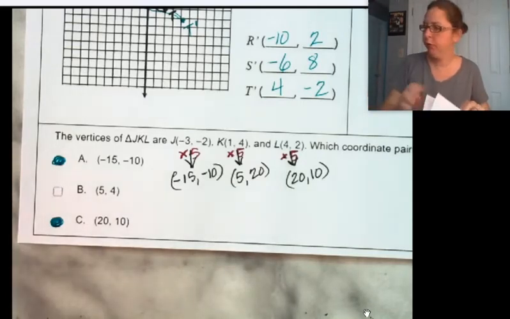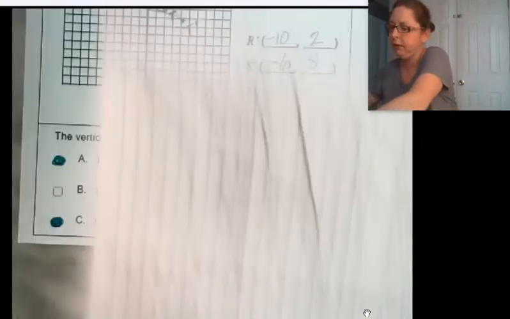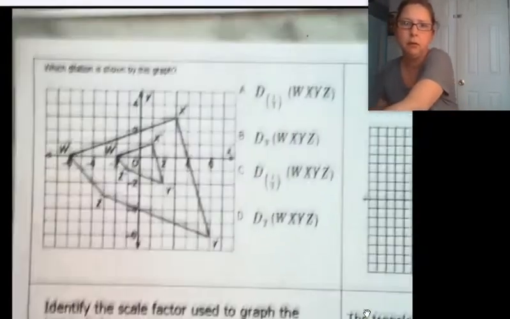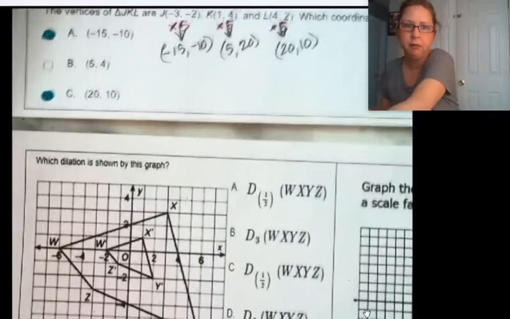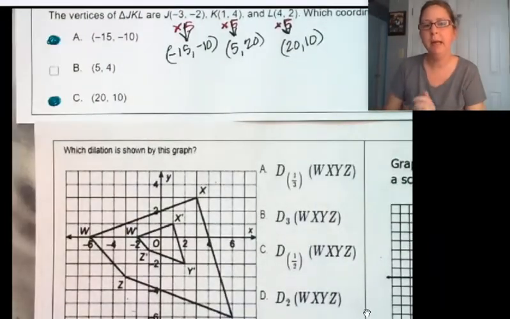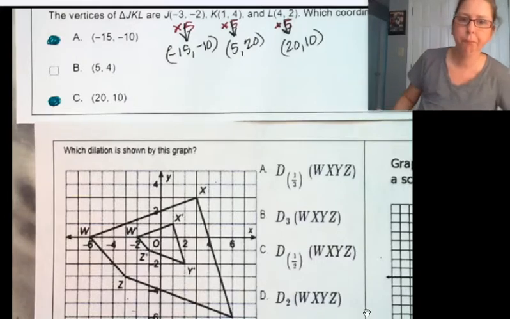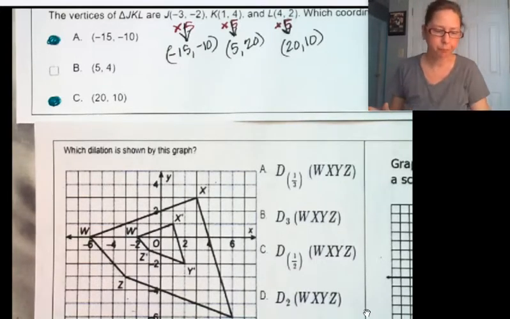Let's go on over to the other side of our paper. I'm just going to leave this here for a sec. Let's take a look at how, if we're already given the image and the pre-image, we determine the scale factor.